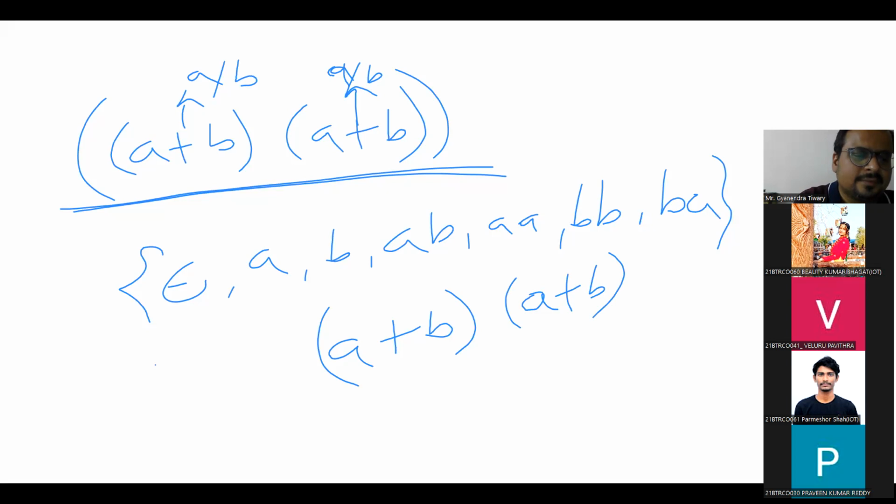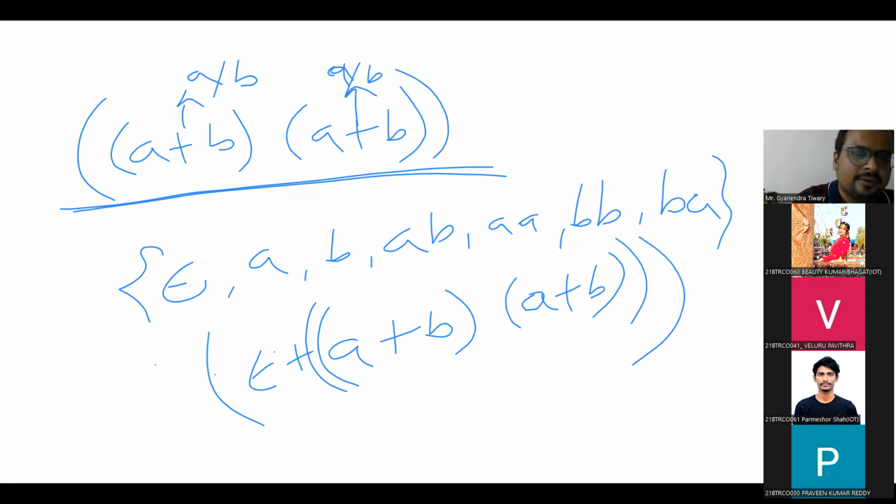We have to add A plus epsilon and B plus epsilon. So that will make a length 3. Length at most 2 will be epsilon plus this.